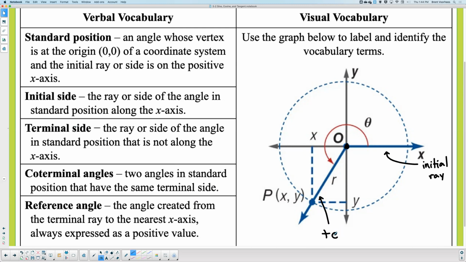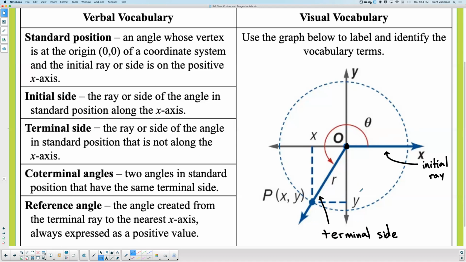Now, if you look up here, it says initial side, terminal side. That vocabulary from AP Classroom is talking about triangles. The problem is, AP Precalculus actually does nothing test-wise on triangles. Triangles are going to be in Unit 4, which you're not going to be tested on. So what I'm going to use here is the vocabulary that you're going to be tested on. They use the term initial side, terminal side, but that was for triangles.